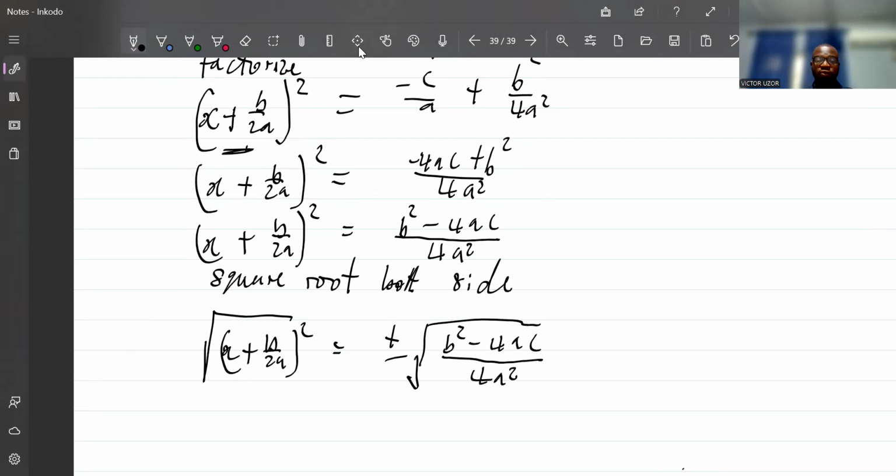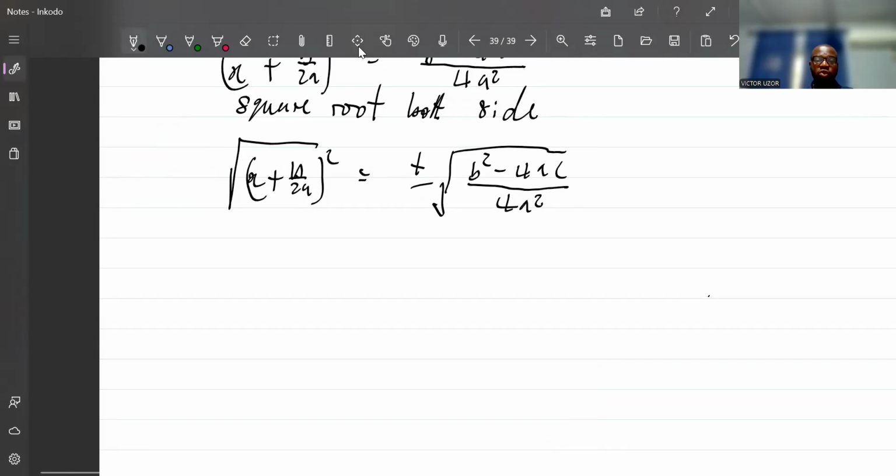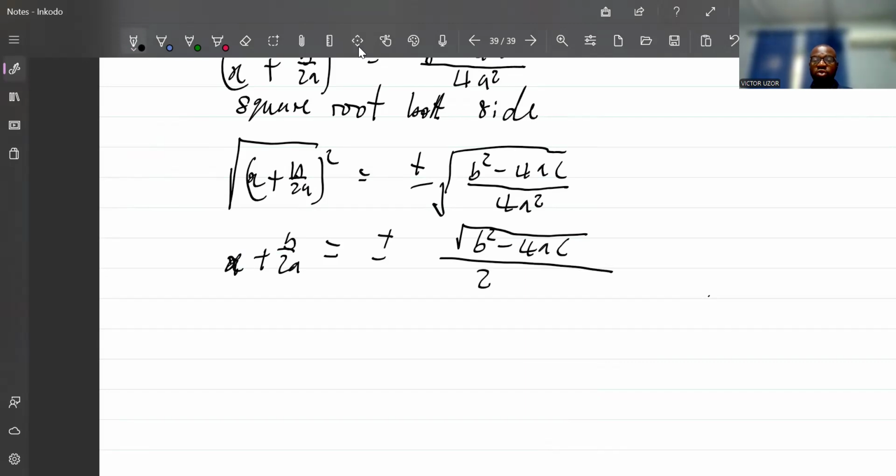At this point, if I find the square root of this side, x plus b over 2a equals plus or minus the square root of b squared minus 4ac all over, because the square root of 4 will be 2, and the square root of a squared will be a. At this point, I want to make x the subject of the formula.